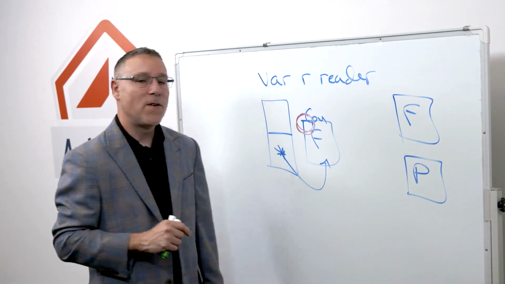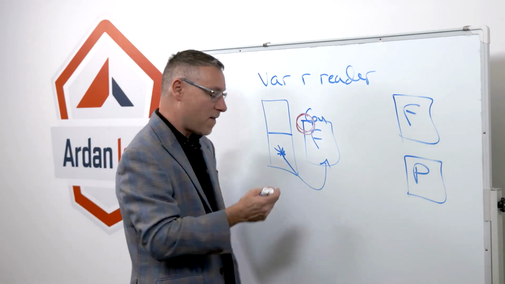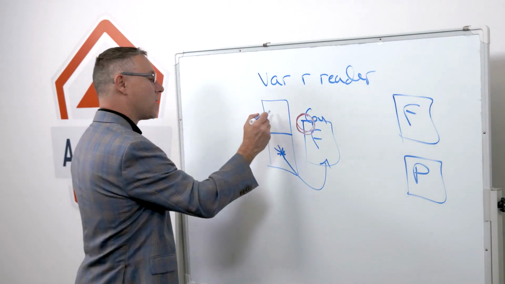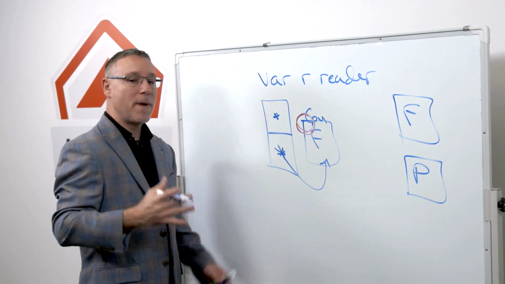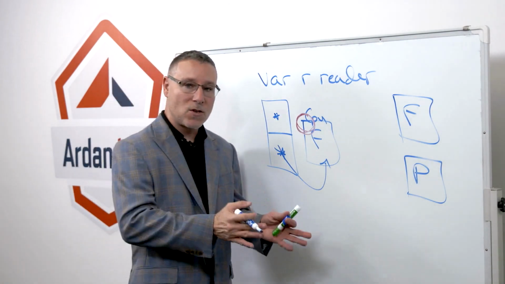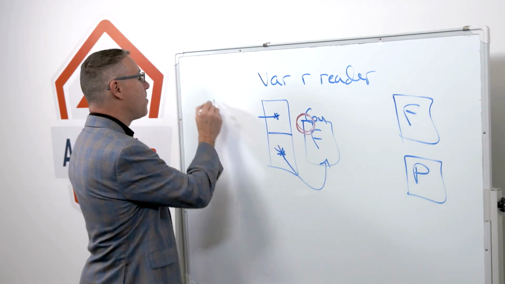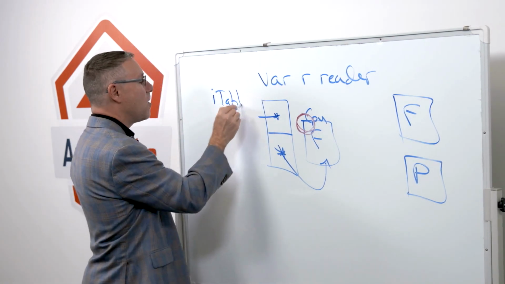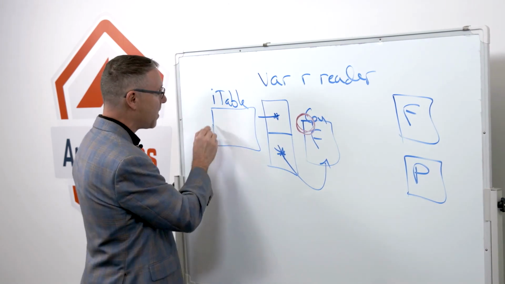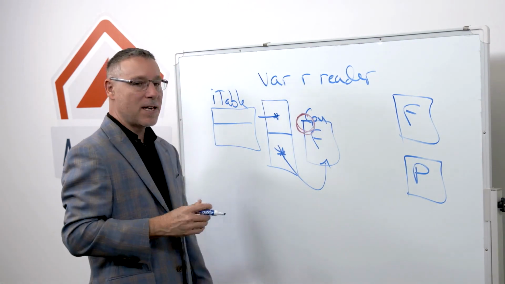But what about the first word of this interface value R? Well, I want to show you that there's no magic. An interface value is a two-word data structure, both with pointers. And the first word points to a special table that we call the I table or interface table. Now, again, this isn't anything novel.